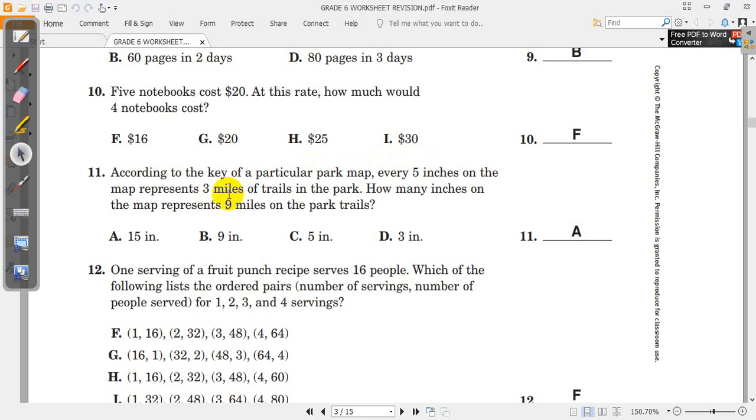What if it were 9 miles? So we have 3 miles, 3 miles, 3 miles, each one 5 inches. So the total inches must be 15, because we have 9 miles, and each 3 miles we draw in 5 inches on the map. So 5 times 3 is 15.